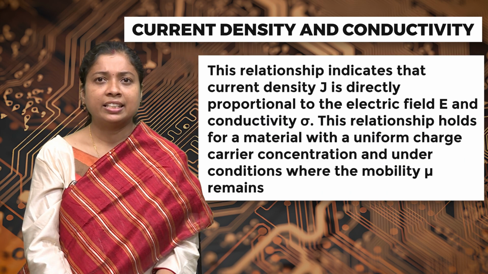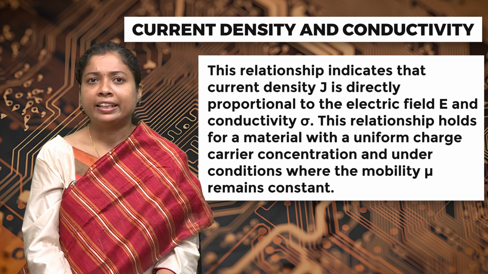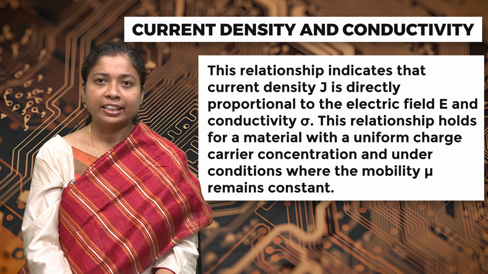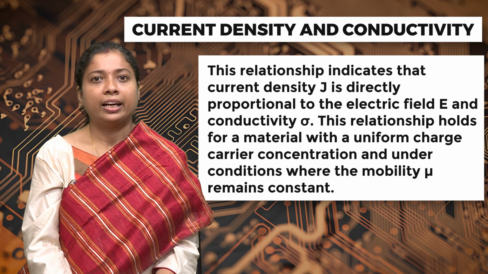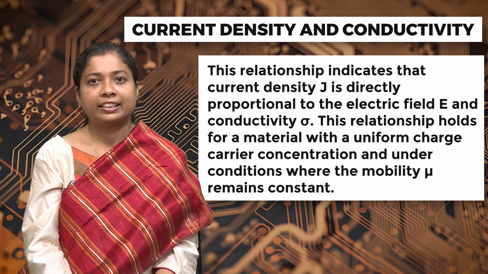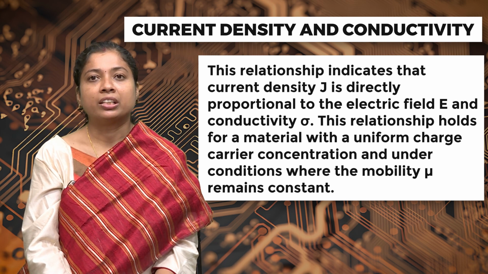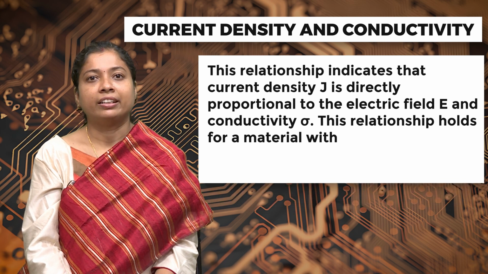This relationship indicates that current density J is directly proportional to the electric field E and conductivity sigma. This relationship holds for a material with a uniform charge carrier concentration and under the condition where the mobility mu remains constant.